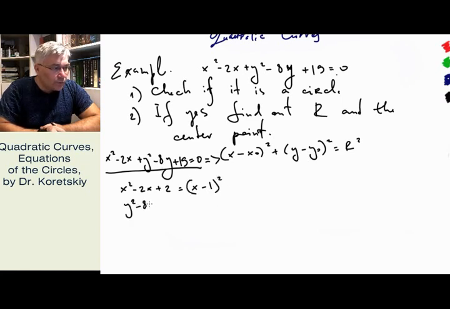Y squared minus 8y, if you add 16, is exactly y minus 4 squared.